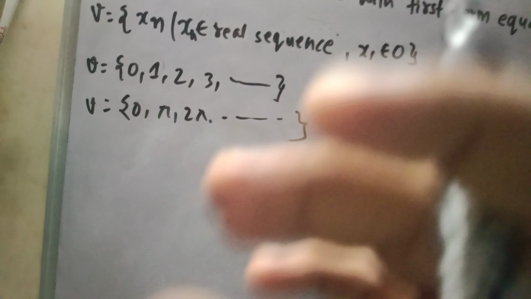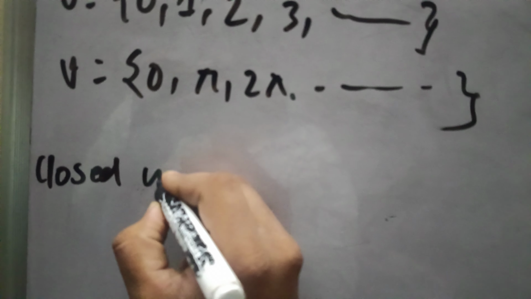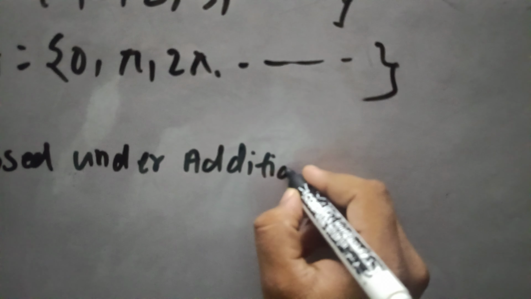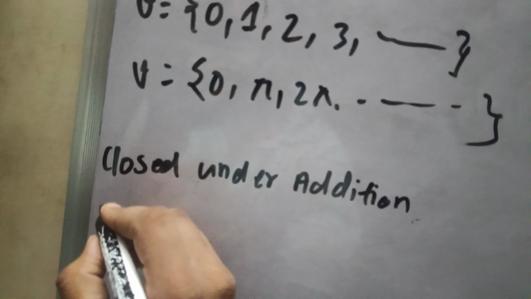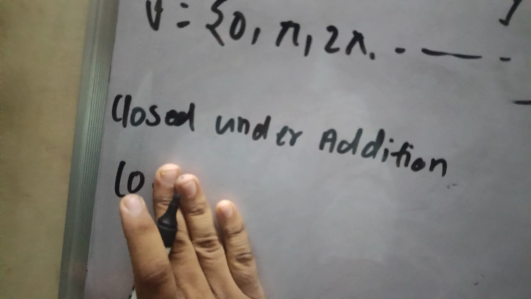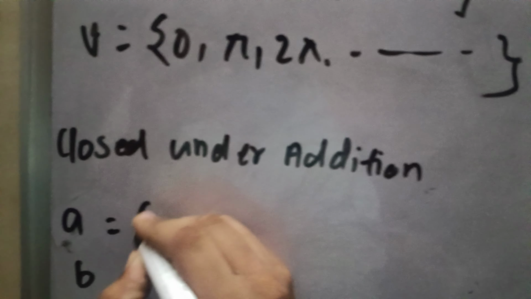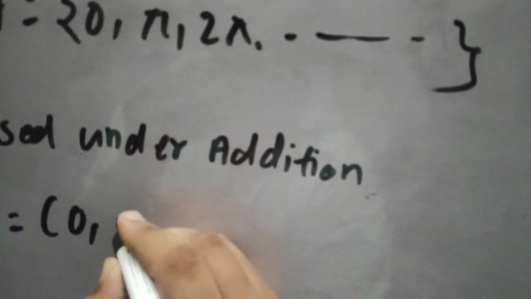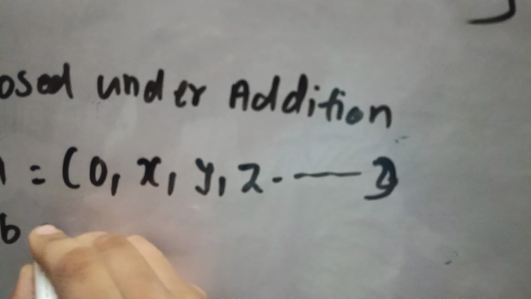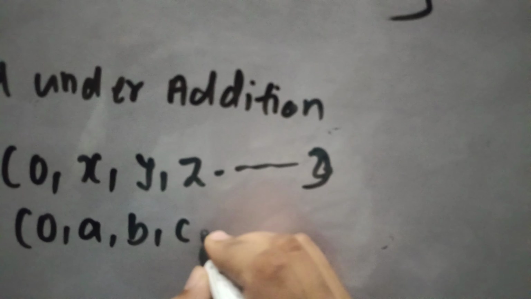So first of all, let us check closed under addition. Let us take two sequences from this set, and let us name these sequences A and B respectively: 0, x, y, z, and so on, and 0, a, b, and c.